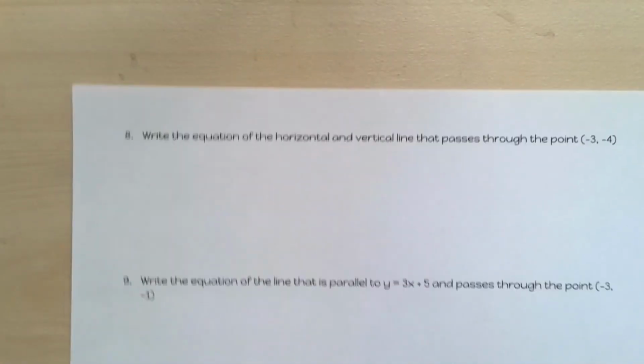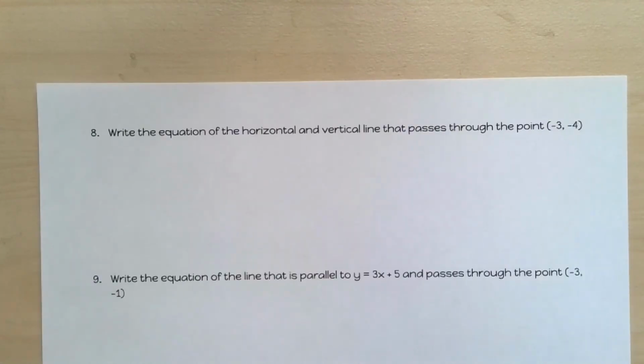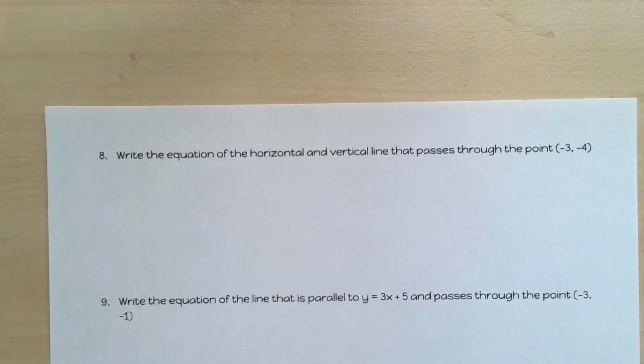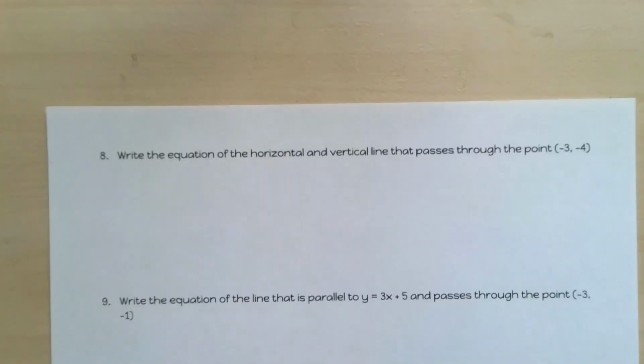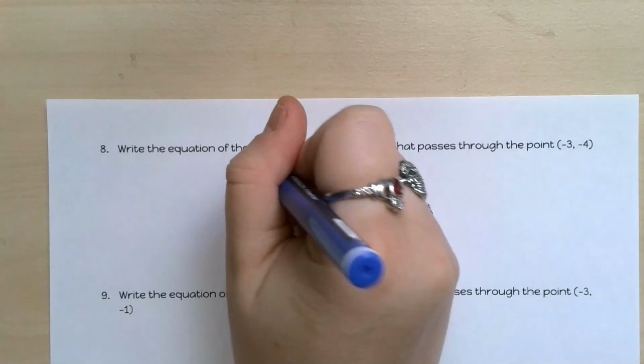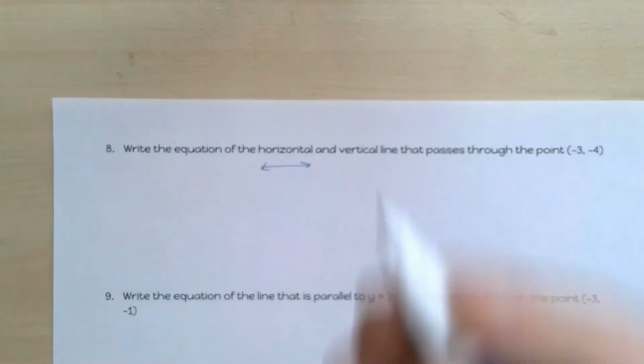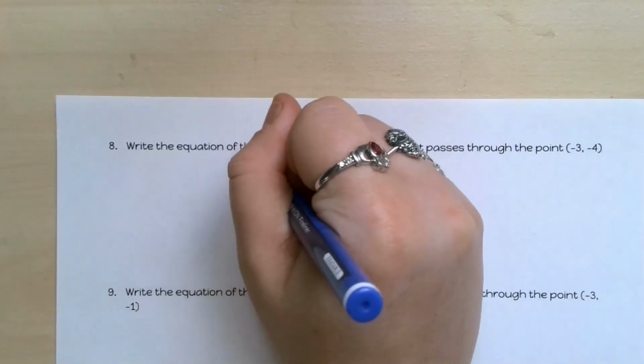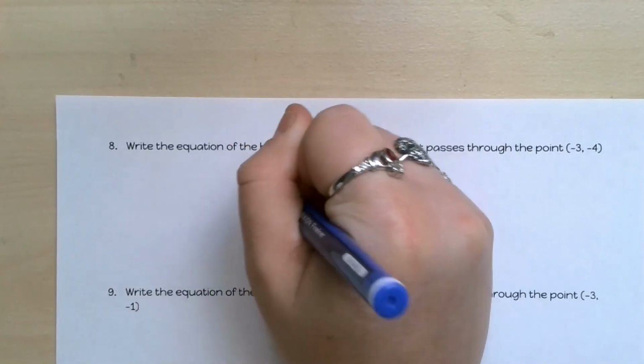We have 3 more questions, except I'm not going to go through them super in-depth, numbers 9 and 10. I'll just get you started on those. So for number 8, this is where we're talking about horizontal and vertical lines. So remember, horizontal lines are the ones that go side to side. If you were to graph that on your coordinate plane, it would cross the y-axis.